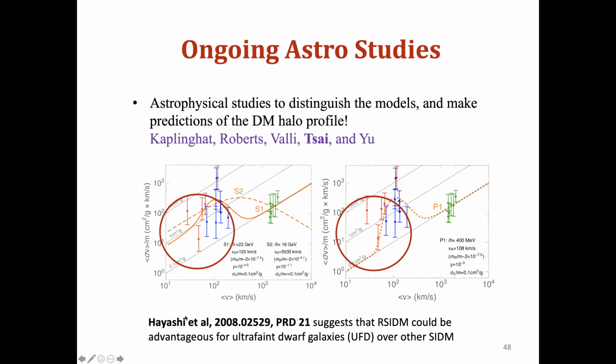And actually, there's a recent paper by Hayashi et al. They find that the resonance one could be more preferable than these other ones, because they find that the galaxy here prefers a very, very small cross section. But some of my collaborators don't completely agree with that paper, so I didn't show you that figure.